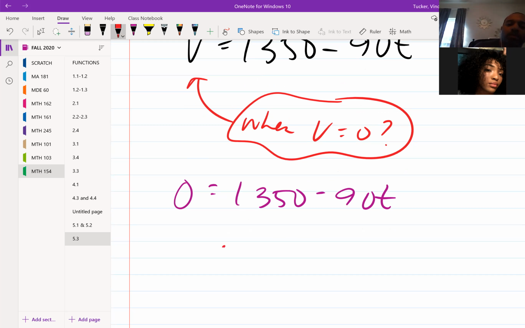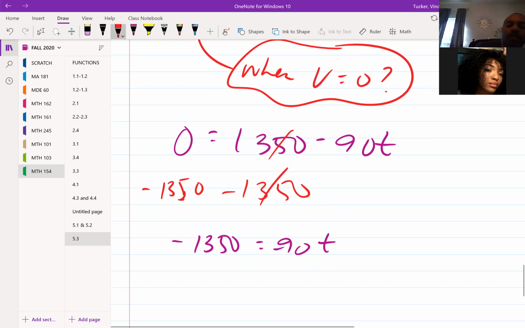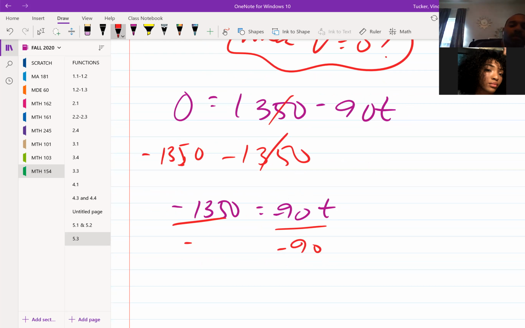So subtract 1350 from both sides. Then divide by negative 90. T is equal to 15.